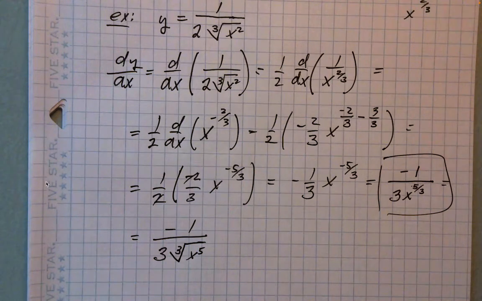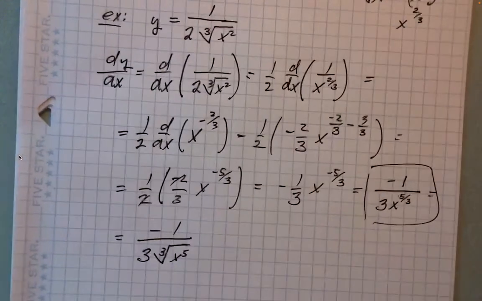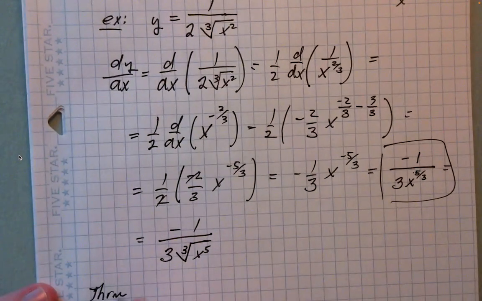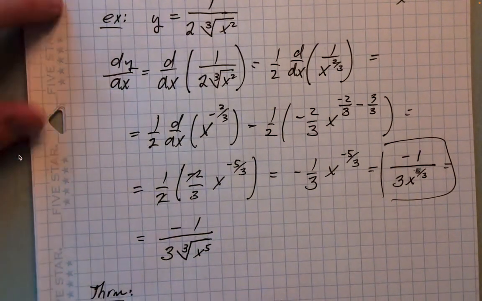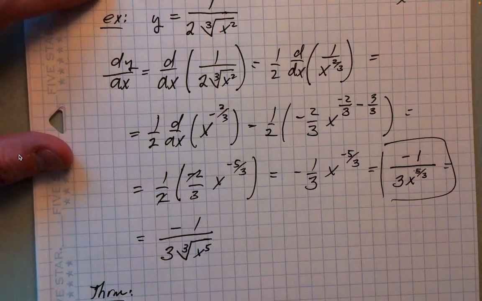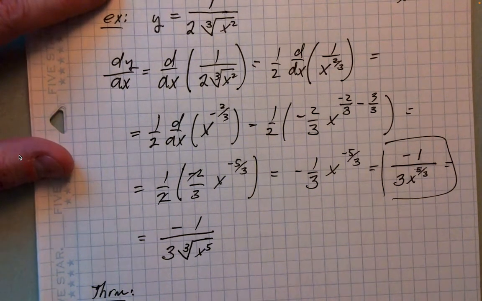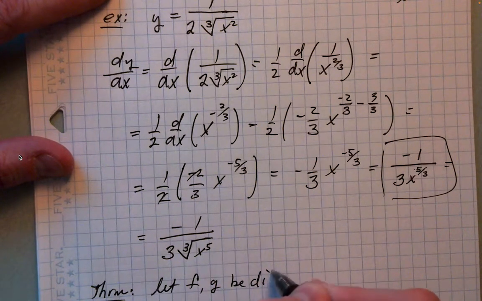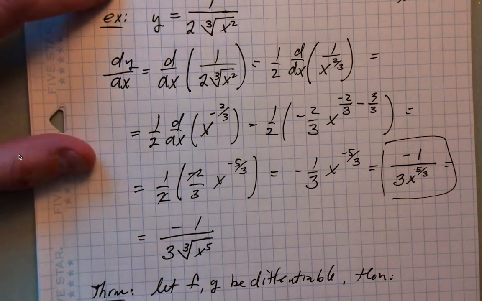So let's take a look at another theorem that's really useful. So here we're going to start adding and subtracting functions. So let's let f and g be differentiable functions. Then here's what you get.